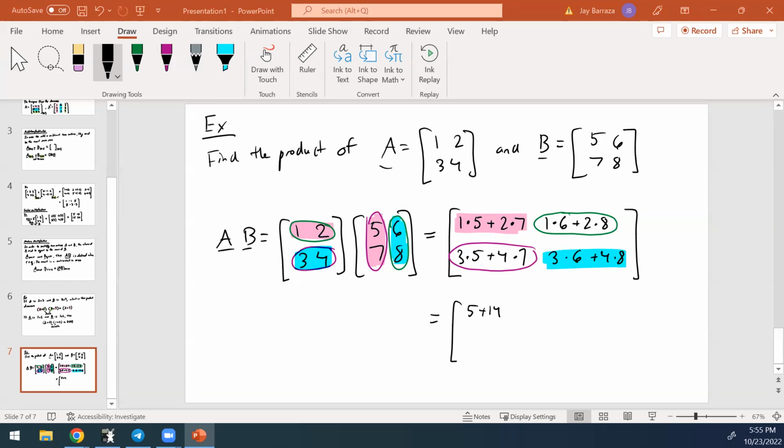All right, and then 6 plus 16, 15 plus 28, 18 plus 32. And then I get 19, 22, 43, and 50. And that's how you multiply 2 matrices.